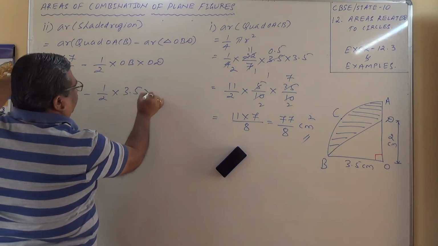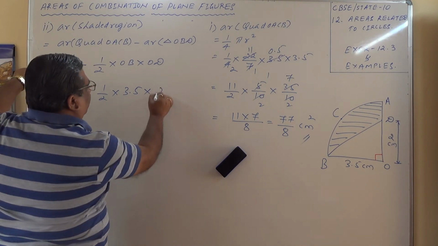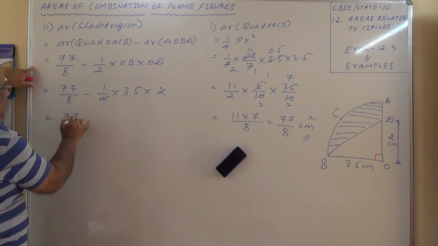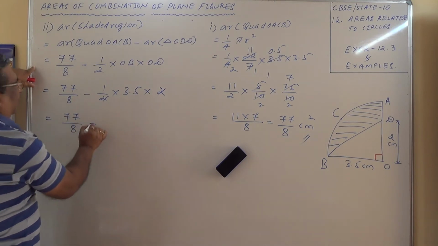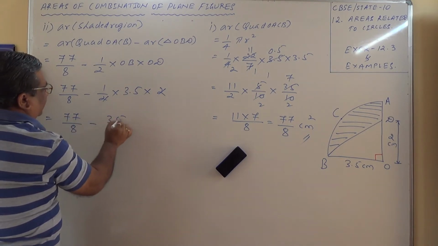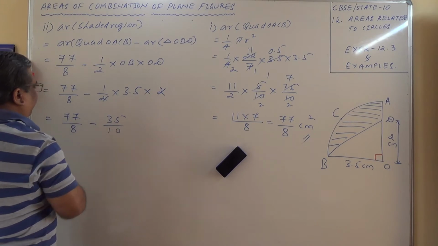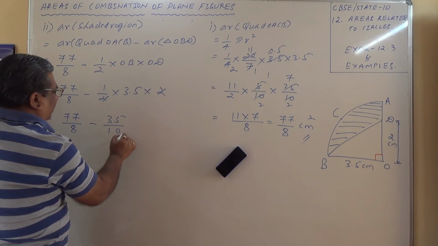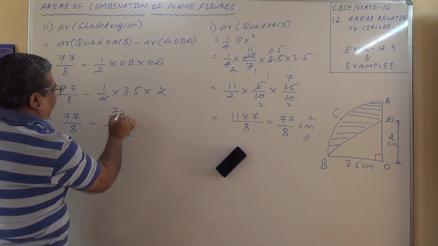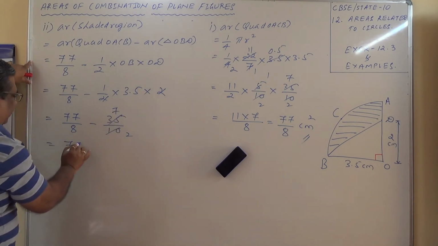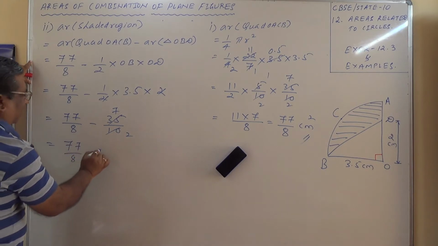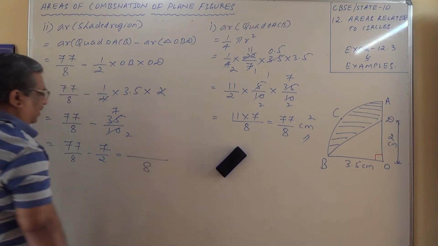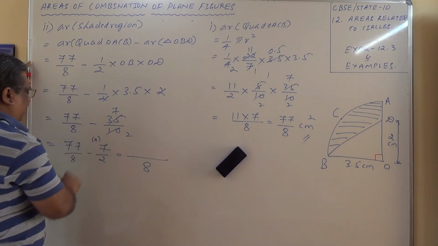3.5 into 2. So this will cancel, 3.5, which is 77 by 8 minus, I will write this as 3.5 is 35 by 10, which is equal to 7 by 2. So 77 by 8 minus 7 by 2, which is equal to, 8 is the LCM, 2 4s are 8.